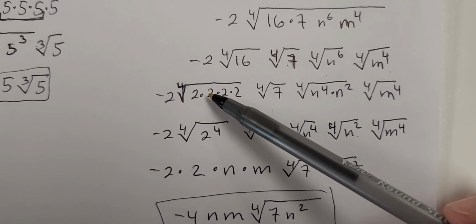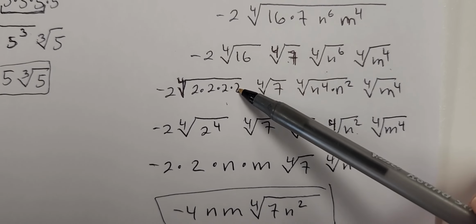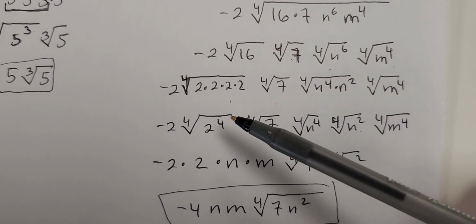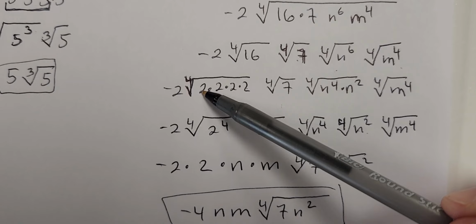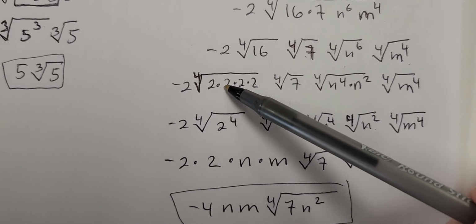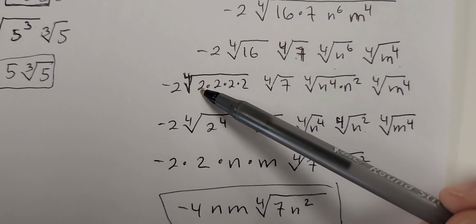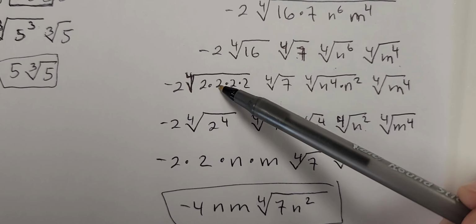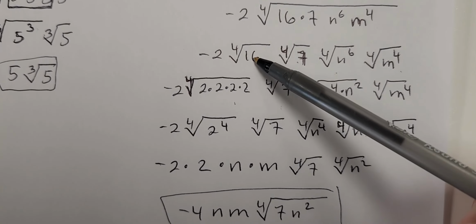So 2 times 2 gives me 4, 4 times 2 gives me 8, 8 times 2 gives me 16. The only number is 2.